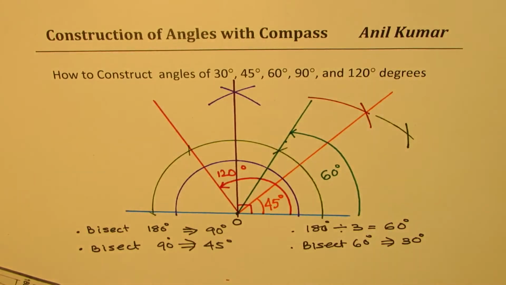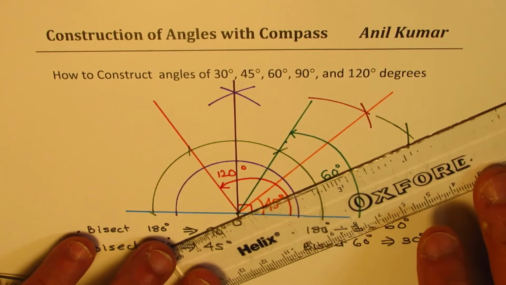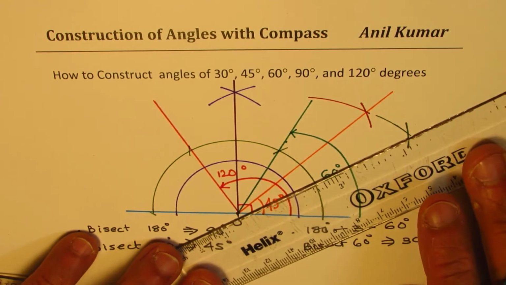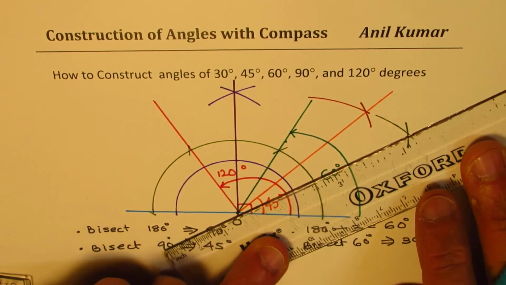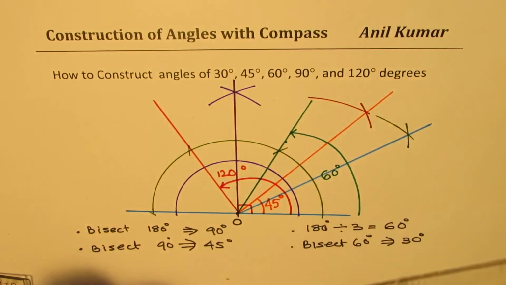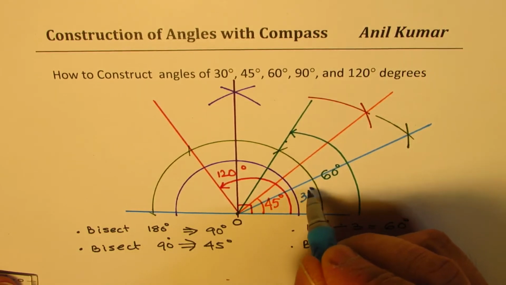We get a point in between the two, right? So joining that with O, we should get 30 degrees, half of 60. Do you see that part? Right? So now we can join these 2 points, and when you join them, we get 30 degrees. So this angle here is 30 degrees.